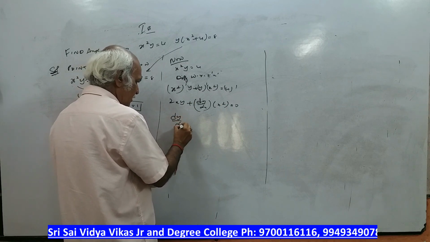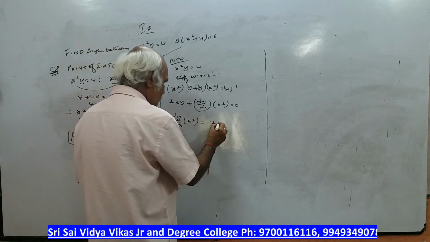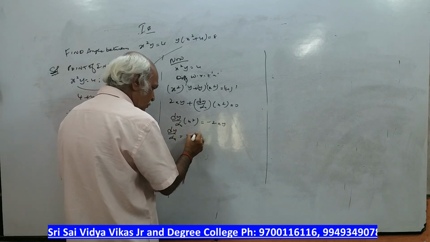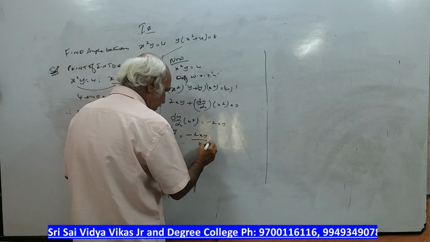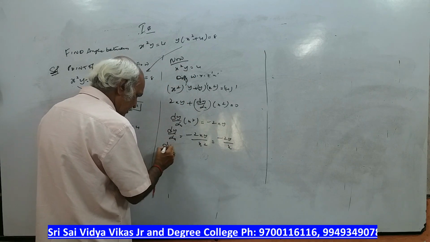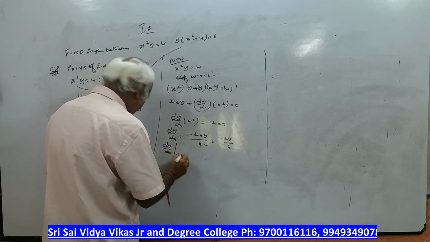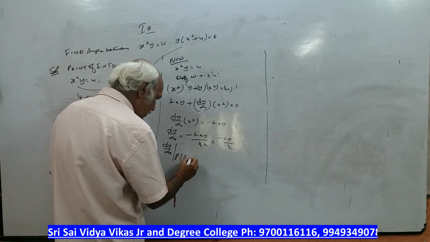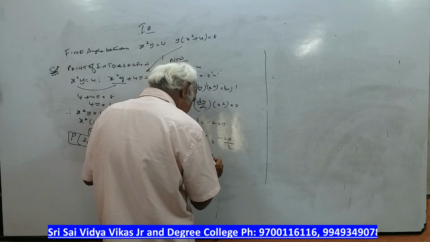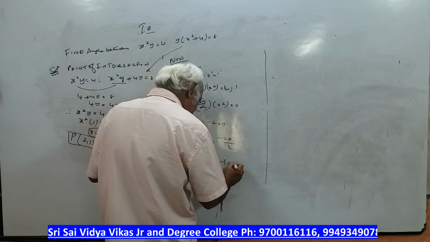So dy by dx into x square is equal to minus 2xy. So dy by dx is equal to minus 2xy by x square, so minus 2y by x. So dy by dx at the point P. What is the point? 2, 1. x is replaced by 2, y is replaced by 1. So minus 2 by 2, minus 1. This is m1.